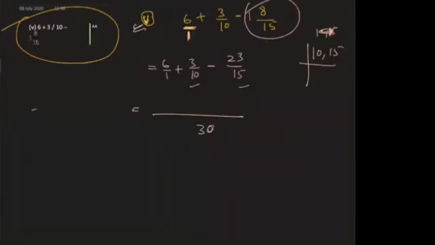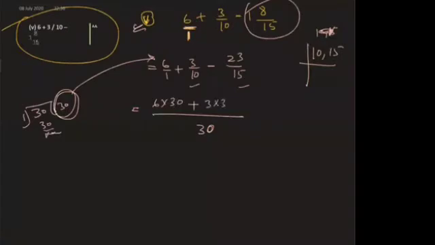When you will divide 30 by 1, you will get 30. Okay, so this 30 will be multiplied to this 6. So 6 into 30 plus, 10 3s are 30, so 3 will be multiplied by 3, and 15 2s are 30, so 23 will be multiplied by 2.